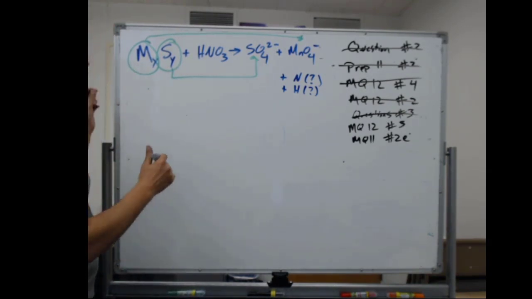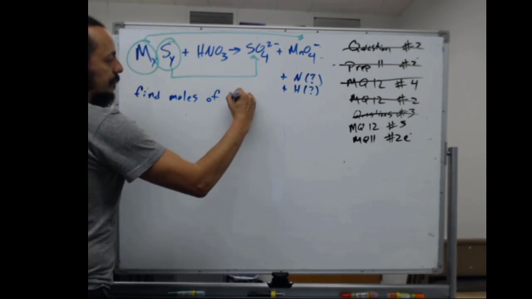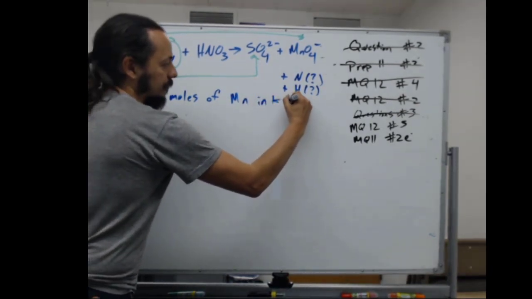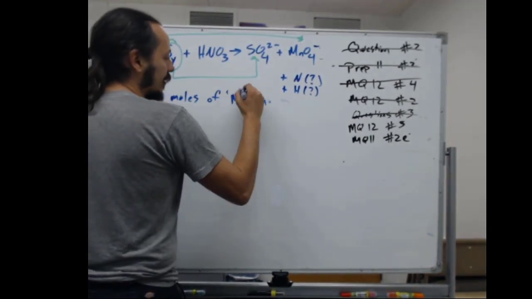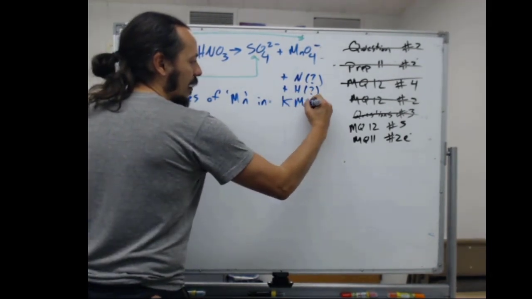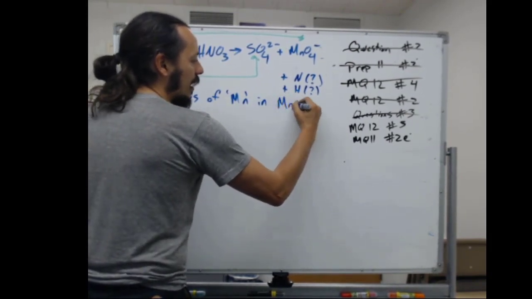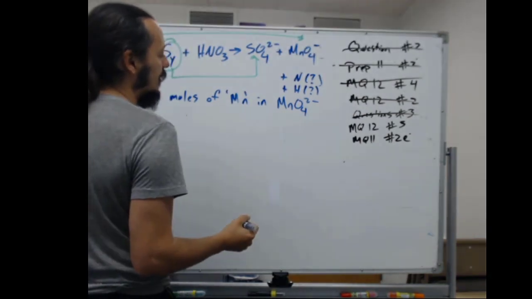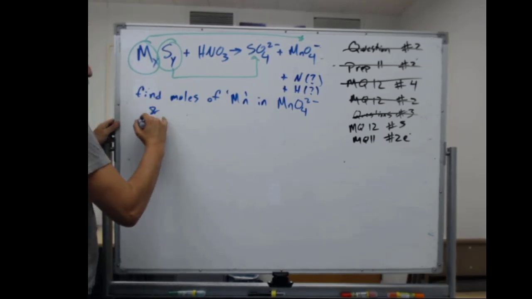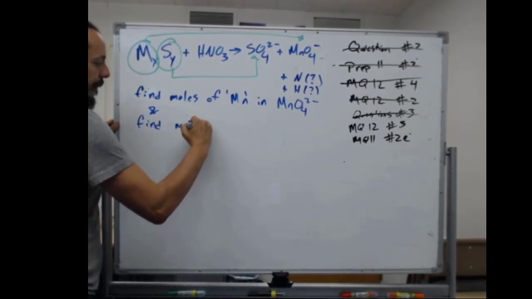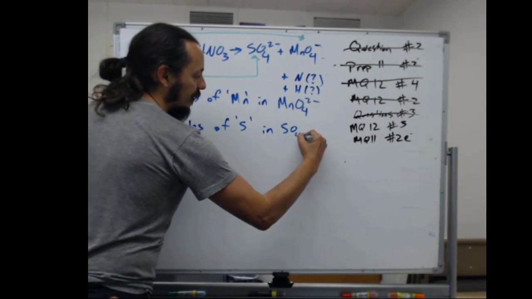So logically, if we find the moles of manganese in the permanganate, MnO4 2-, and we can find the moles of sulfur in SO4 2-, right?